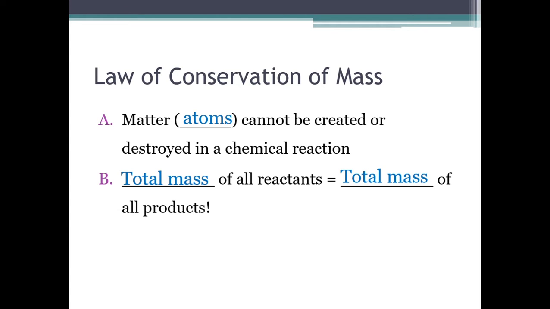They may be distributed differently, but if you start with 50 grams of matter, it might be 2 grams of a solid and 48 grams of liquid. But if you start with 50 grams of matter, you have to end with 50 grams of matter. Even if all 50 are gas, it is still matter and it still has to be 50 grams.